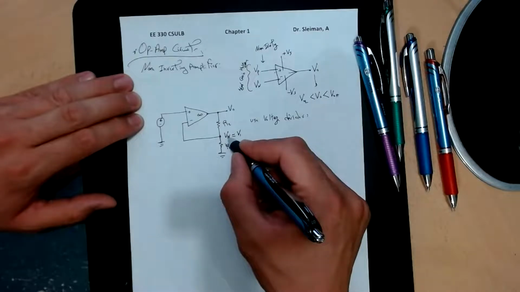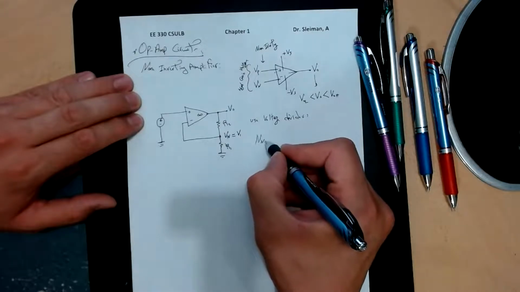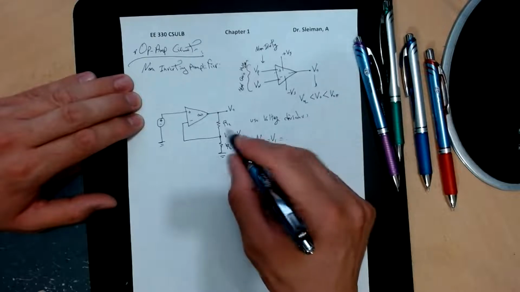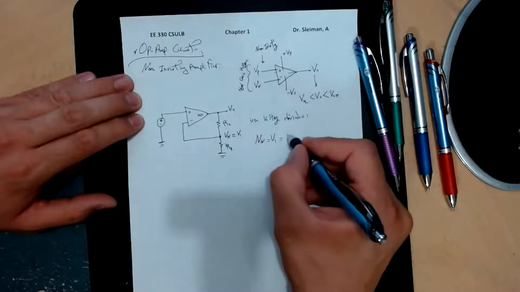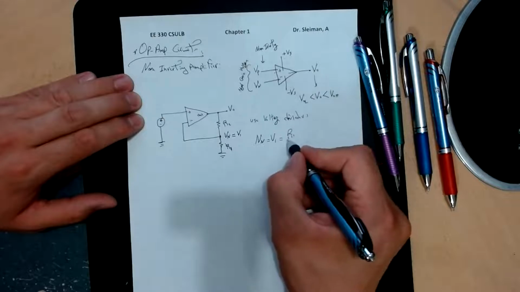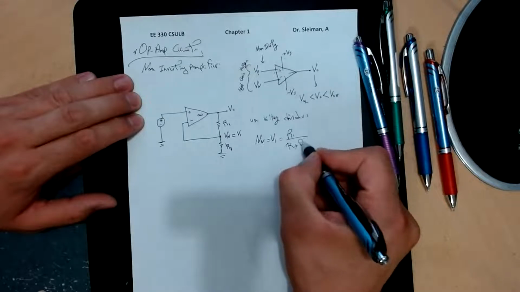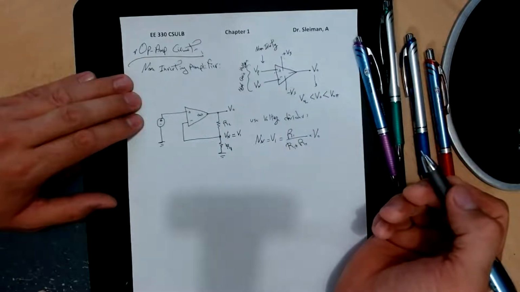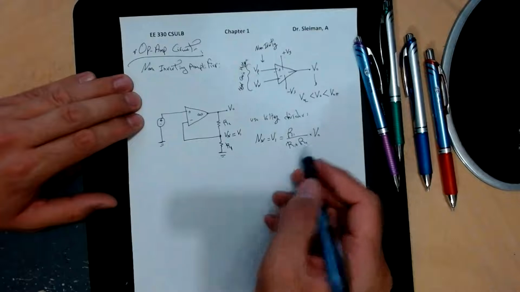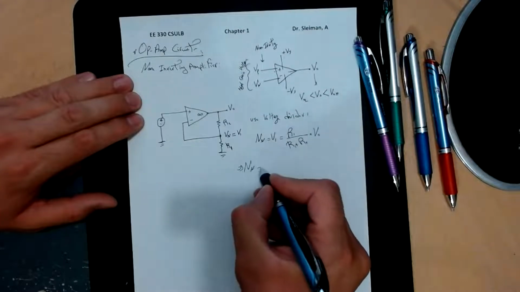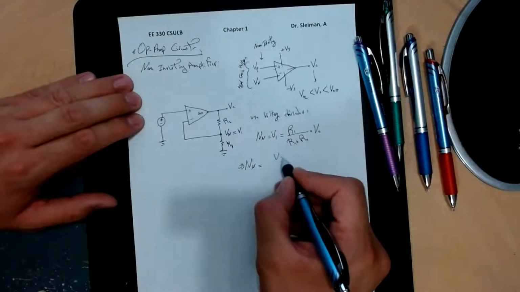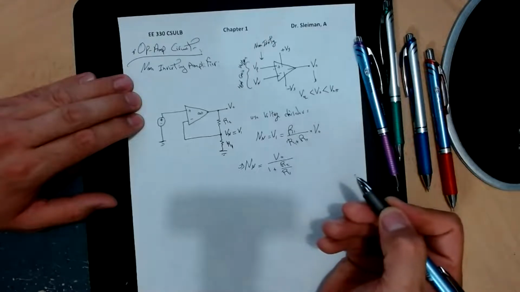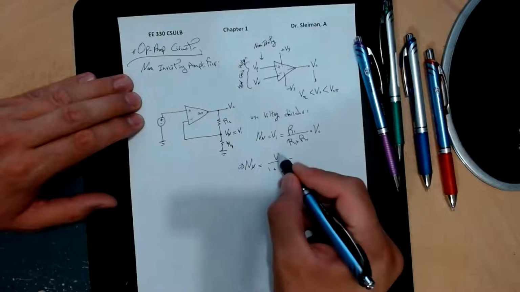So we have Vn, which is equal to V1, is equal to R1 divided by R1 plus R2, multiplied with the voltage on the output. To fix this a little better, we're going to have V0 times 1 plus R2 divided by R1, with R1 multiplied here and then R1 will go on top.